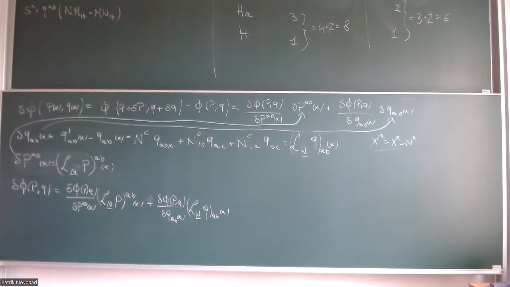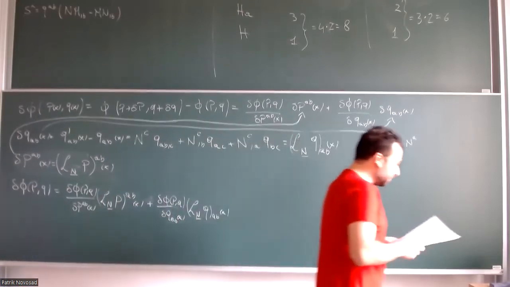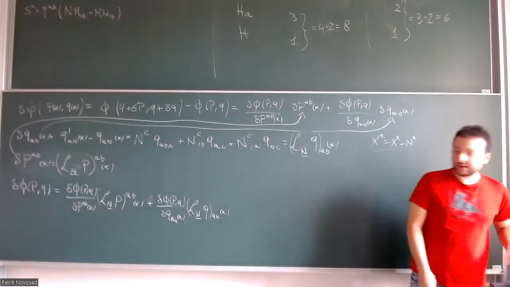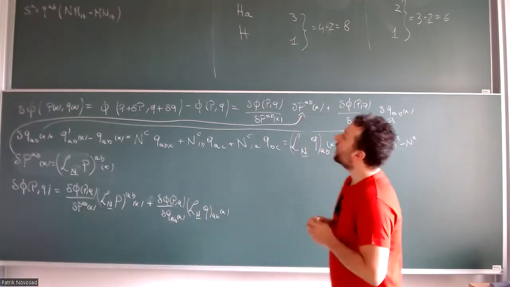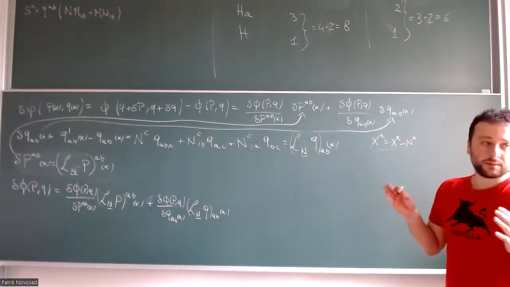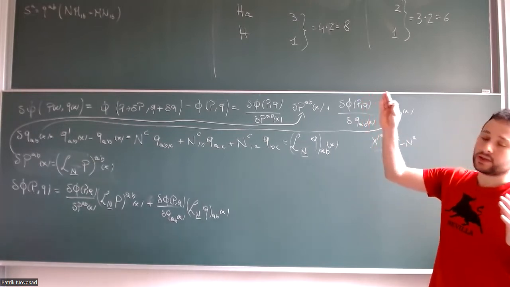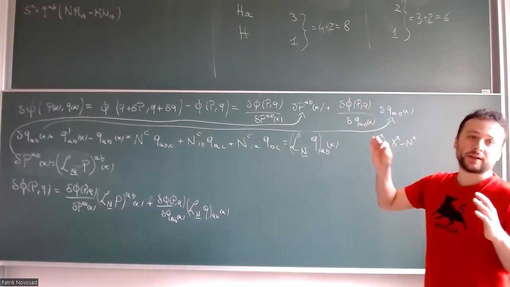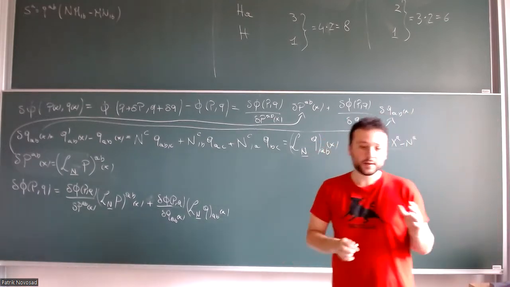Okay, and now we just stop for a while. Why do we need this? Well, because I want to compute the Poisson bracket between, in our case, the diffeomorphism constraint and an arbitrary function phi of the phase space.